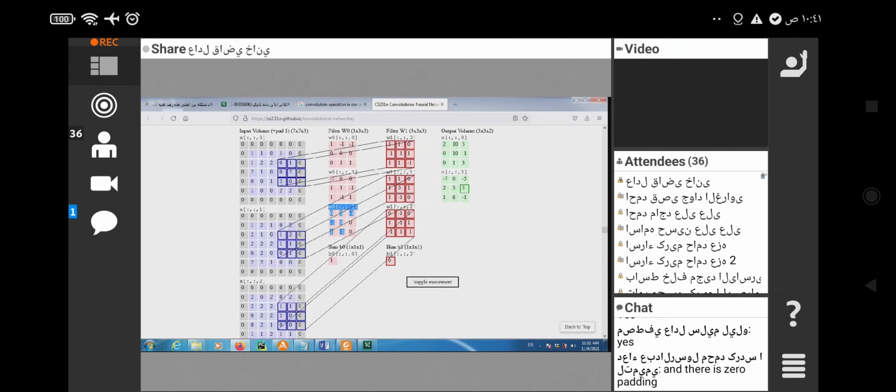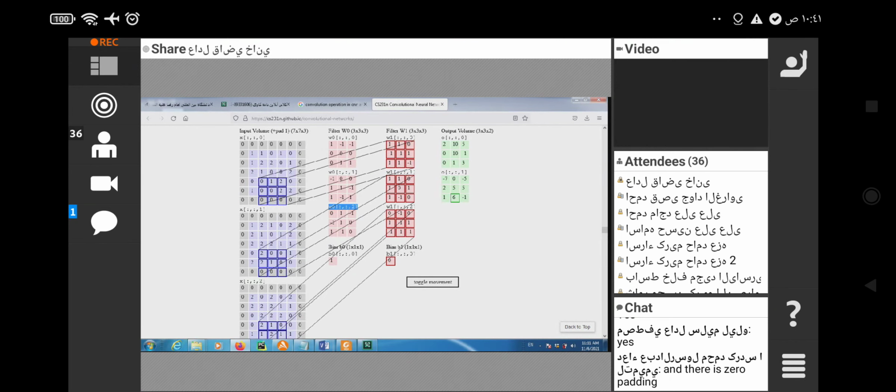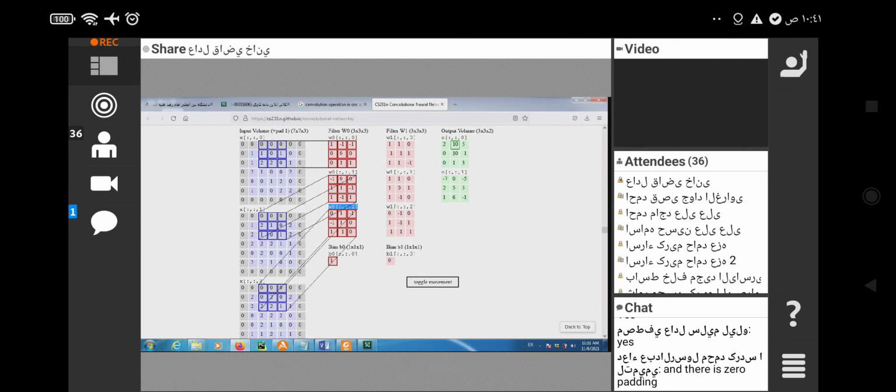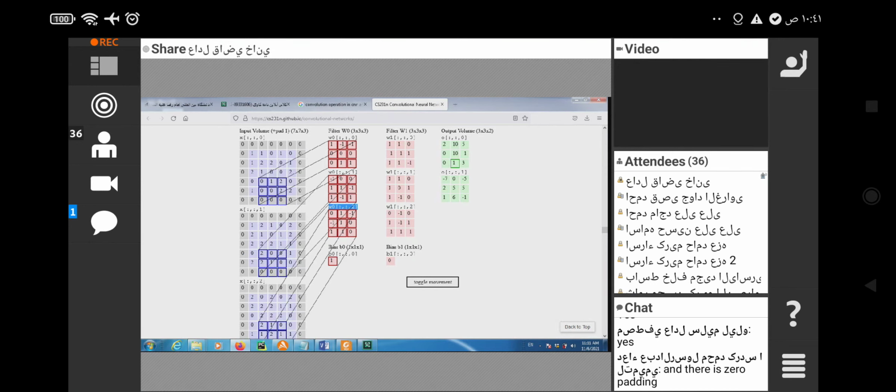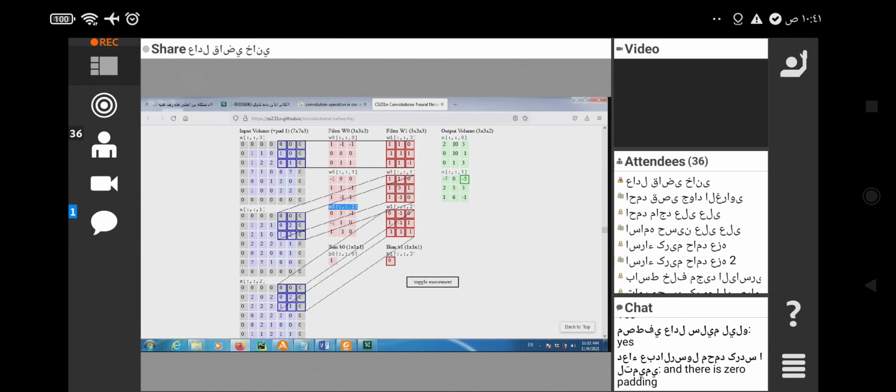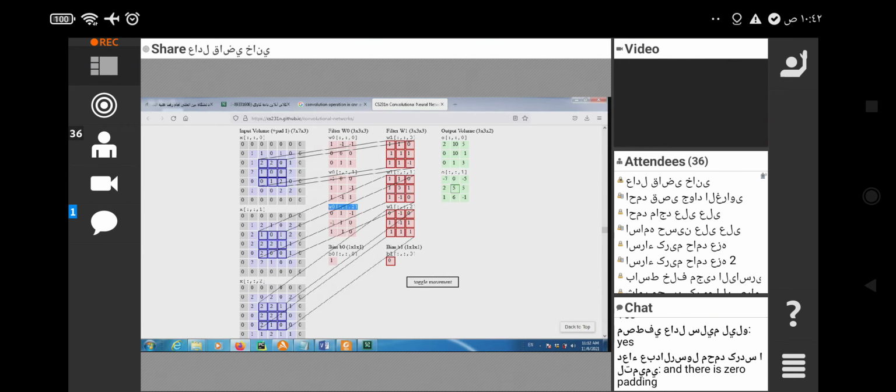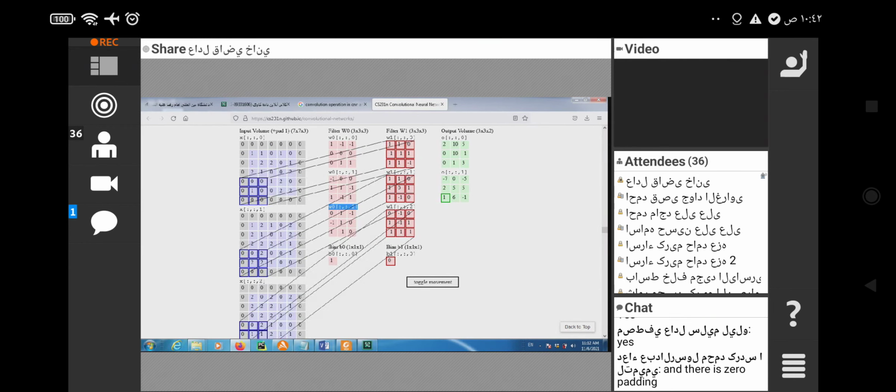Why do we have 3? Because the kernels are three-dimensional. Like the input is a color image, so it is three-dimensional, and the filter or the kernel is three-dimensional too.